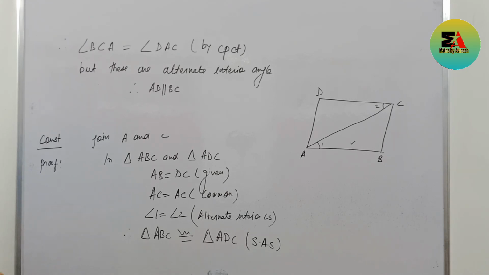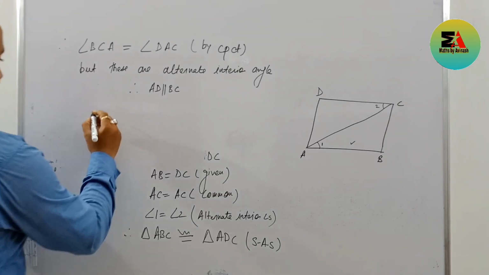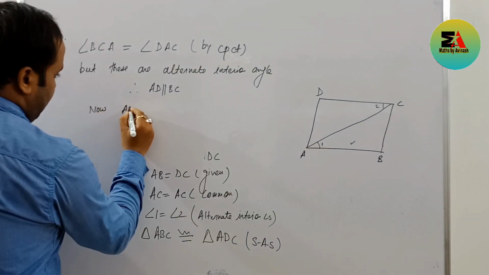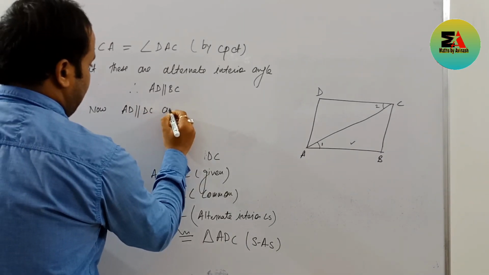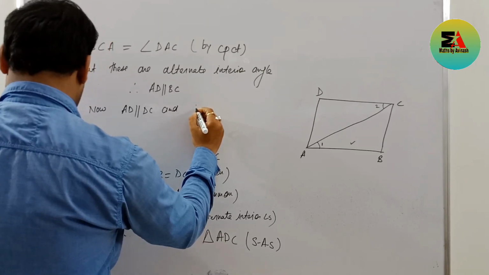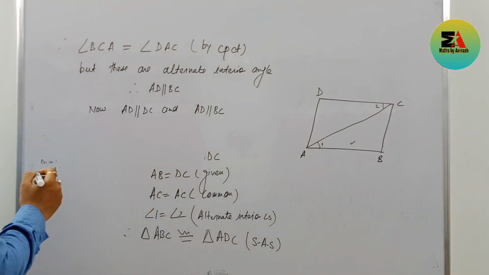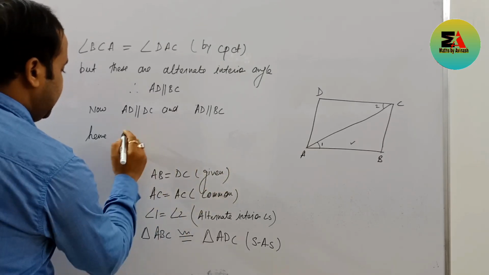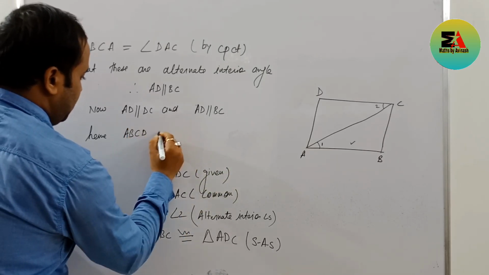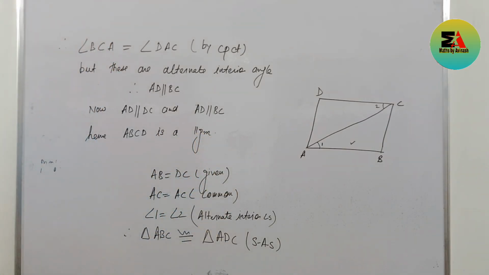Now, AD is parallel to DC, this is already given, and AD is parallel to BC. Hence, ABCD is a parallelogram. I hope this theorem is clear to you.